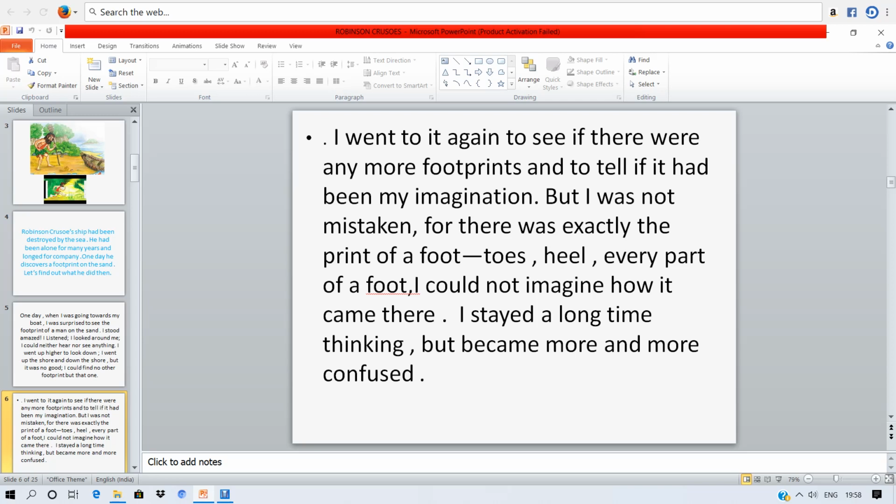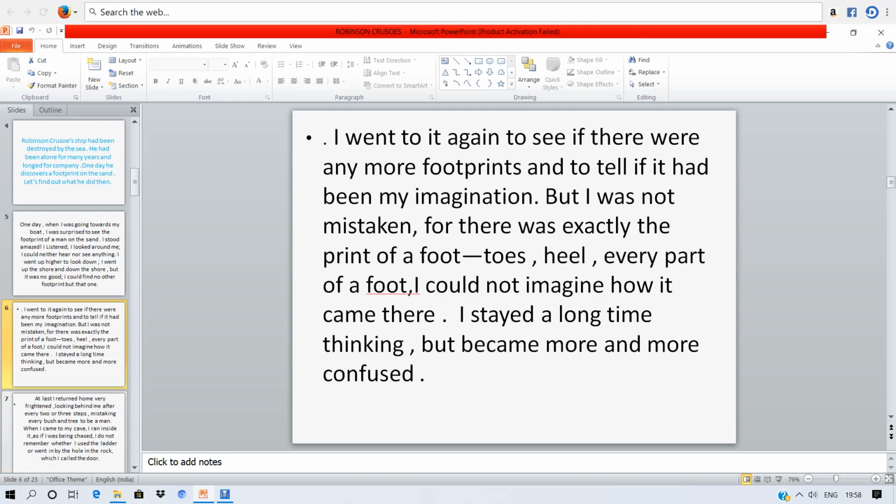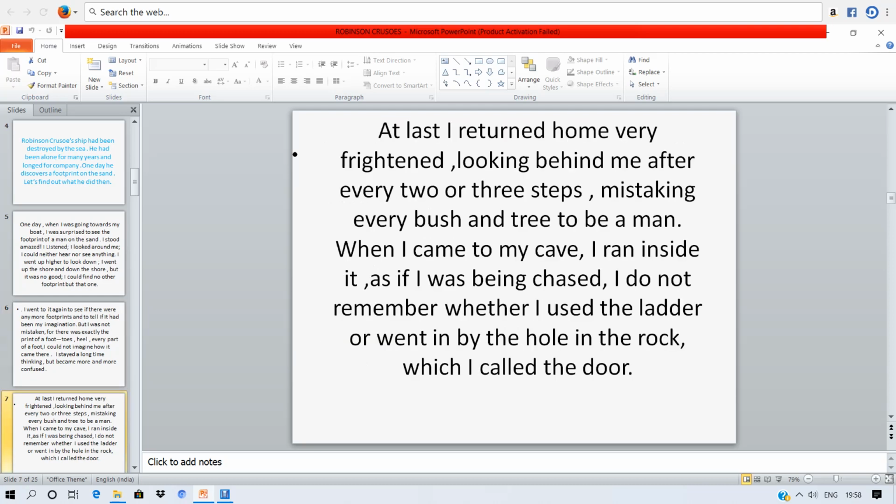I could not imagine how it came there. I stayed a long time thinking, but became more and more confused. At last, I returned home very frightened, looking behind me after every two or three steps, mistaking every bush and tree to be a man.